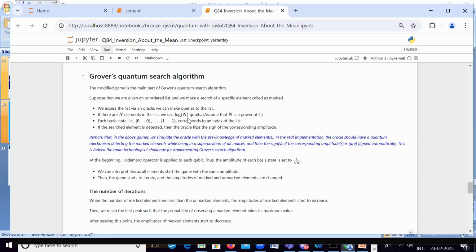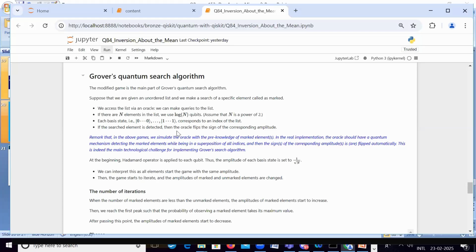That means to represent n elements, we use log n qubits. Each basis state, the primary state of the Hilbert space we discussed in the beginning, corresponds to an index of the list.